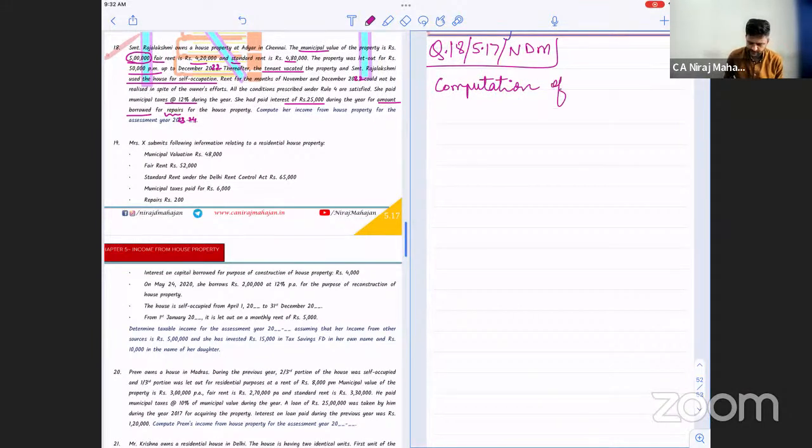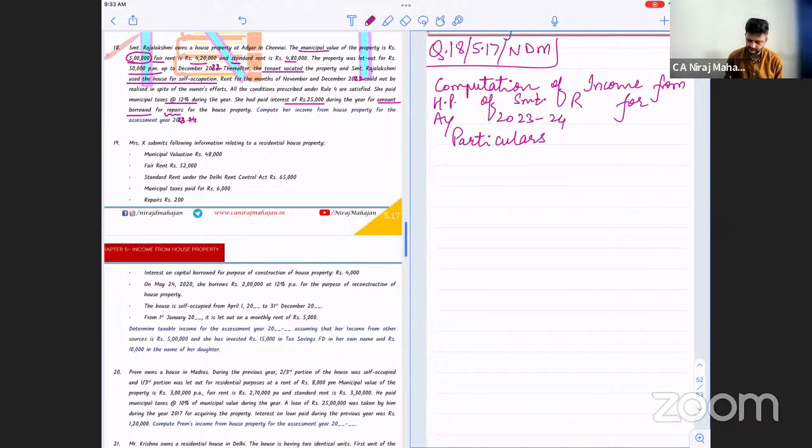Computation of income from HP of Srimati Rajalakshmi, for AY 23-24. Particulars and rupees.